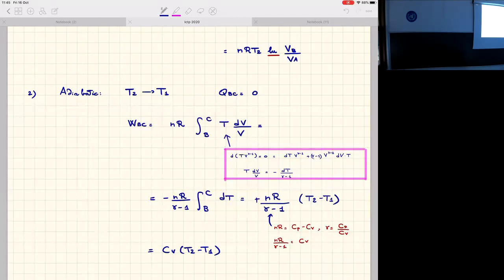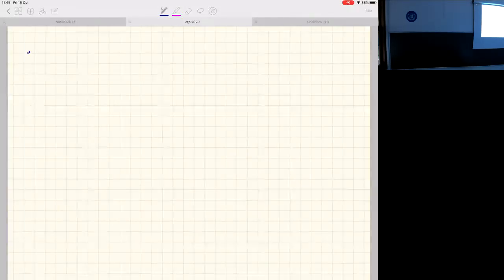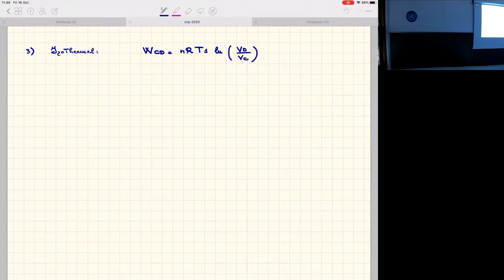Now, then we have the third stroke, which is again isothermal. In the third stroke, you have WCD equal to n times R T1 log of VD over VC. You can derive this in the same way we derived the previous one, right? It's obvious.